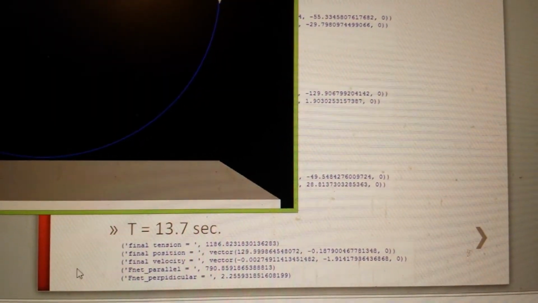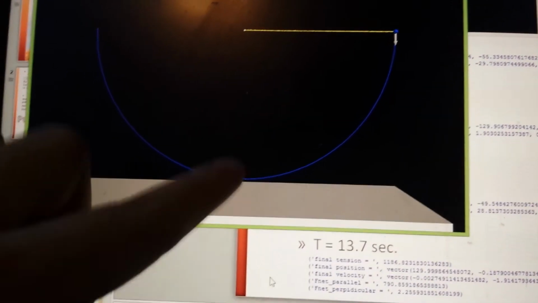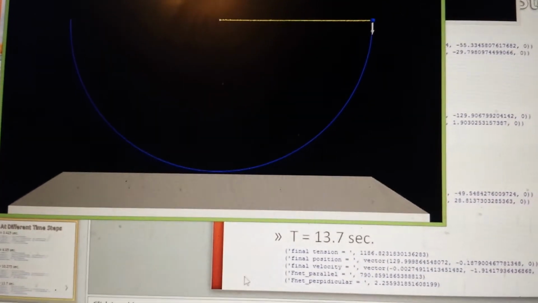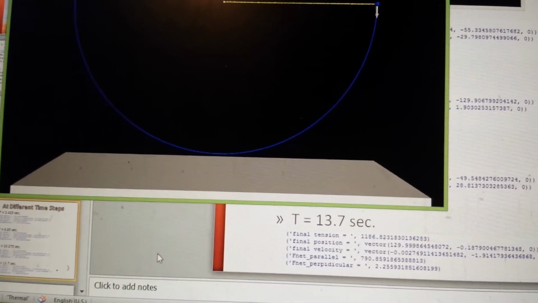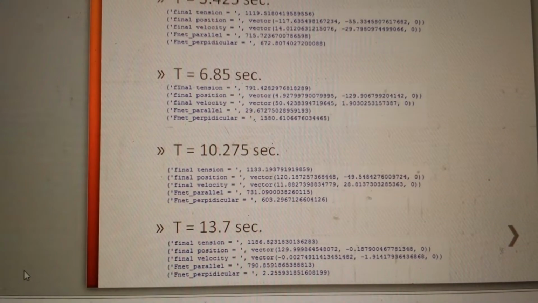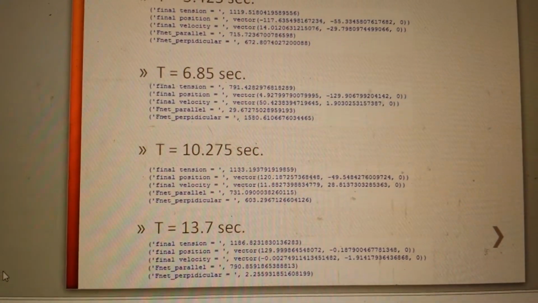At other points of the circle that was not here, it was acting against gravity, which corresponds to why the tension of the rope was so high.